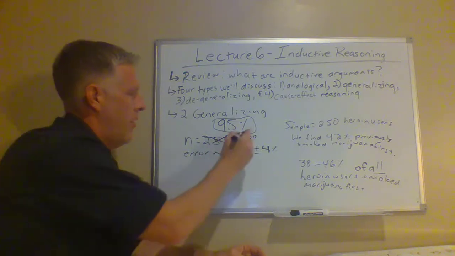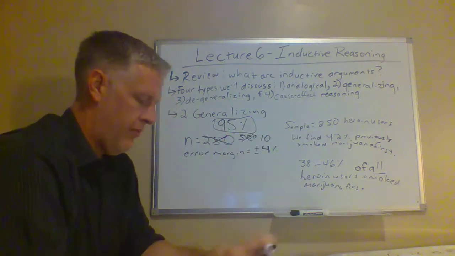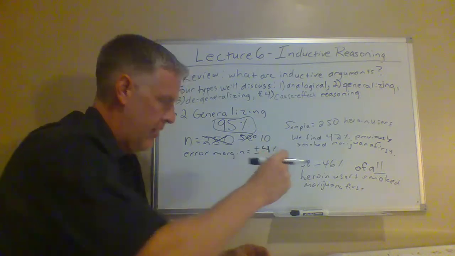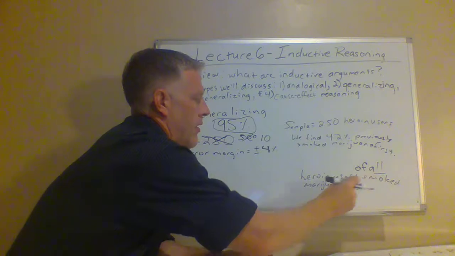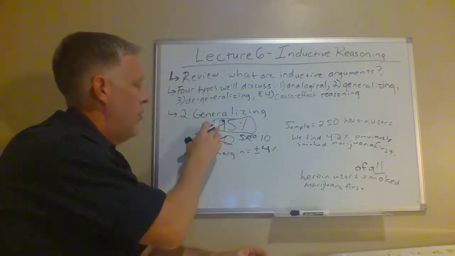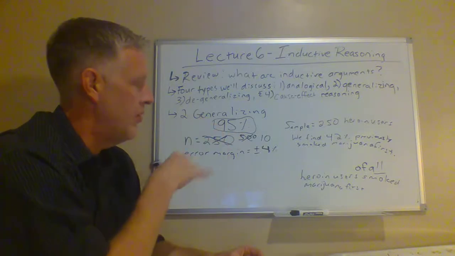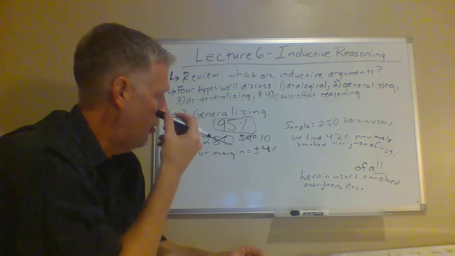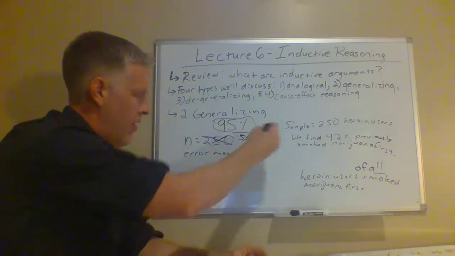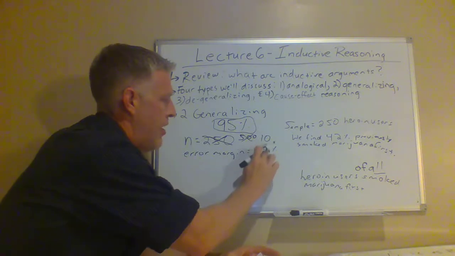Whereas if we decreased it, let's say we only had 10, that's a problem, because we want to be able to say that we're 95% sure what we found from our sample wasn't just due to chance. If we only have 10 members in the sample, then we have an error margin of plus or minus 30.